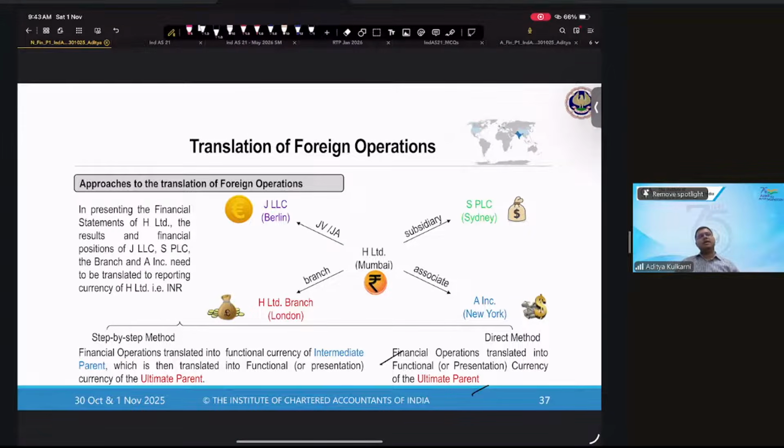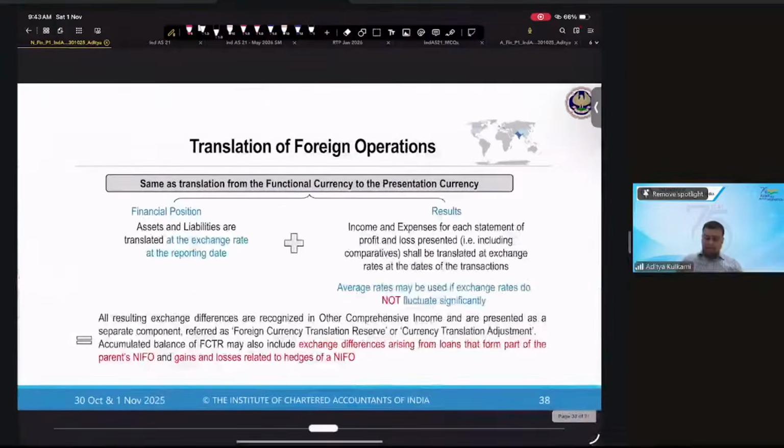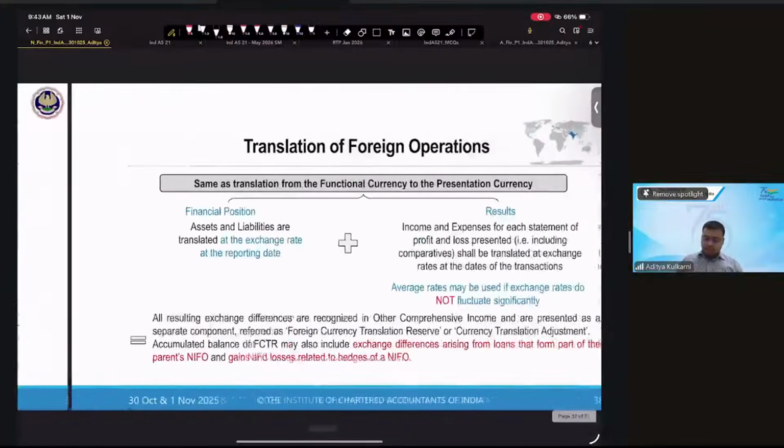For example, we have seen cases where an Indian company invests in Dubai, and Dubai invests in, let us say, Africa. When I do the translation from Africa to India, because India consolidates, I can do Africa to UAE and UAE to India as two steps, or Africa to India directly as one step. So that is your translation. This we have gone through.